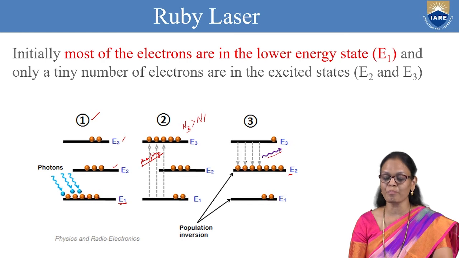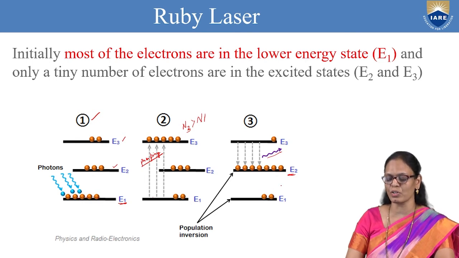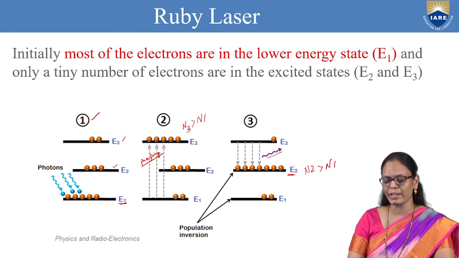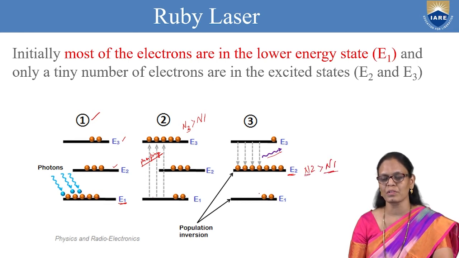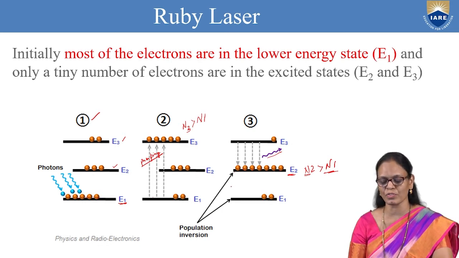Now, the importance of this metastable state is that even after the atoms have come to the lower level, the condition of population inversion is still achieved: N2 is greater than N1. This is what we call population inversion. Once the population inversion is achieved, you can stimulate them and bring them down, getting laser.